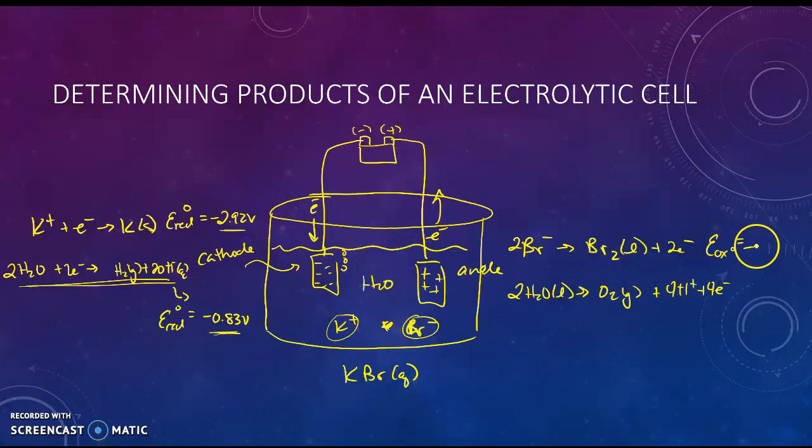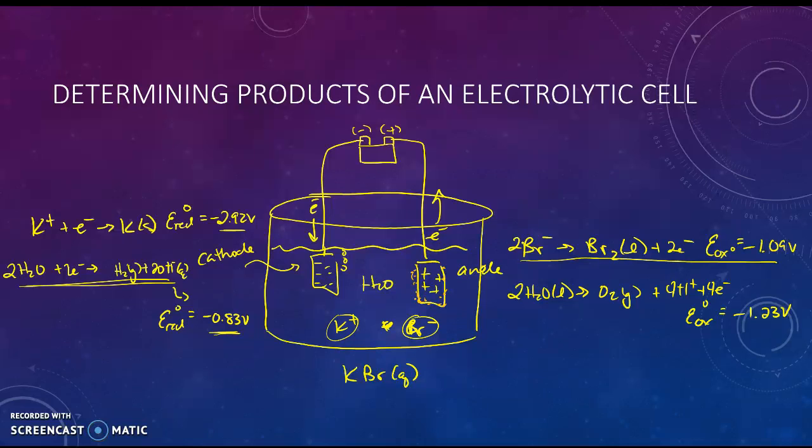The oxidation potential for bromide is negative 1.09 volts, and for water, the oxidation potential is negative 1.23 volts. Now we see that when we compare these two, it's going to be easier to oxidize the bromide ion than to oxidize water. So on this side, we would see bromine being formed, orange bromine.